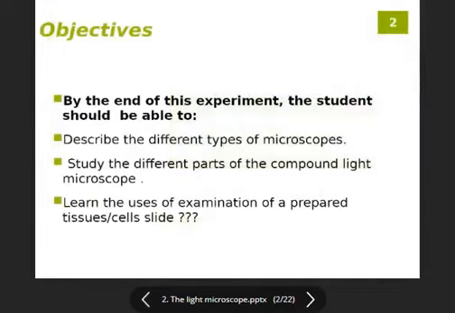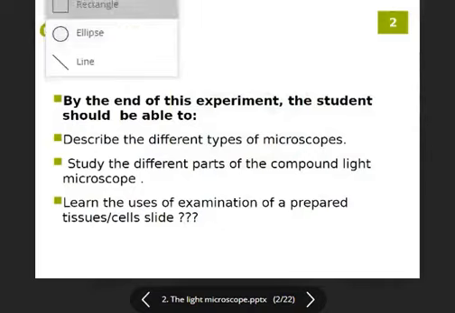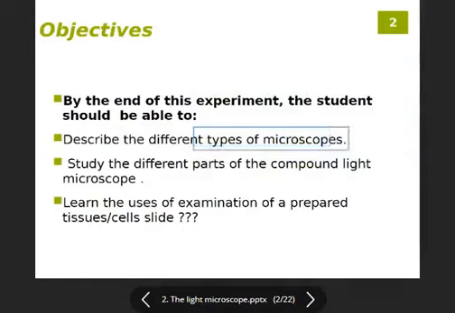The objectives of today's experiment you can see on the screen. First of all, we will describe different types of microscope. What are the different types of microscope we have? Then we will describe different parts of the microscope.